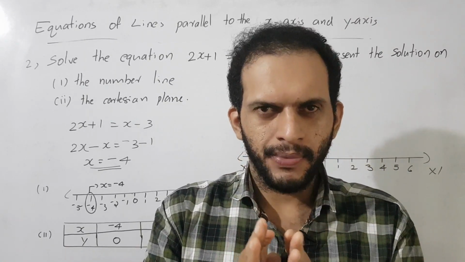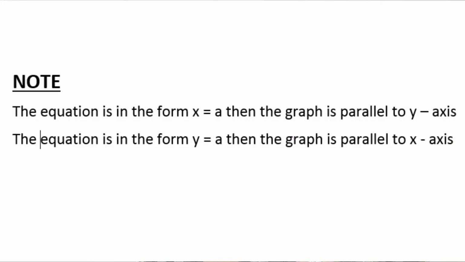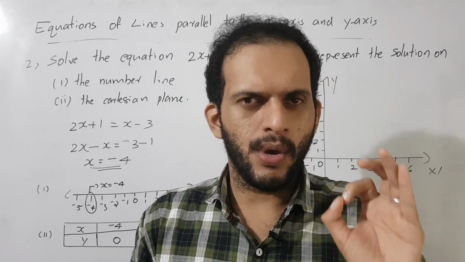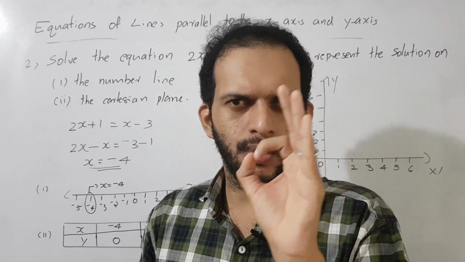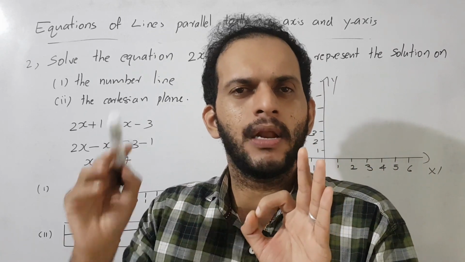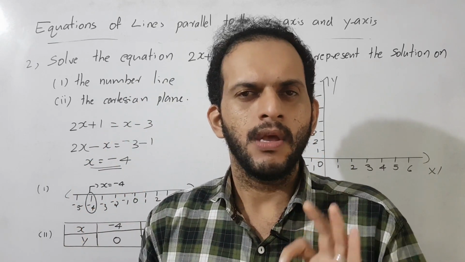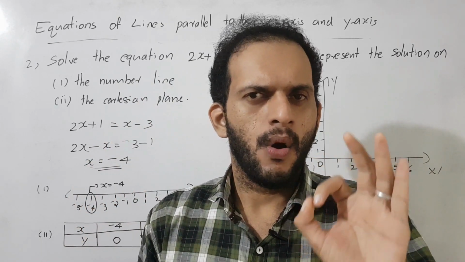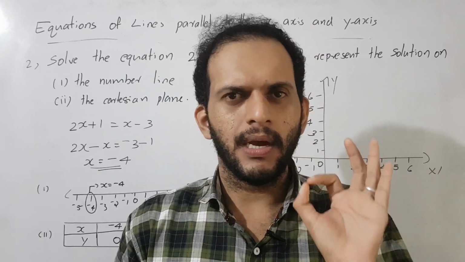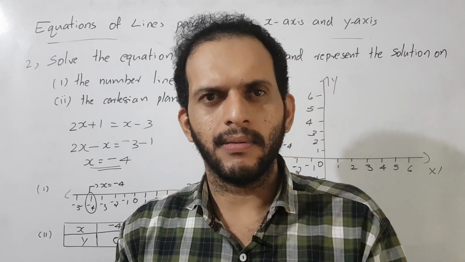What is that? If the equation is in the form of x is equal to a, the graph is parallel to the y axis. If the equation is in the form y is equal to a, the graph is parallel to the x axis.